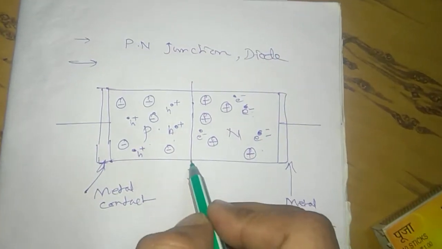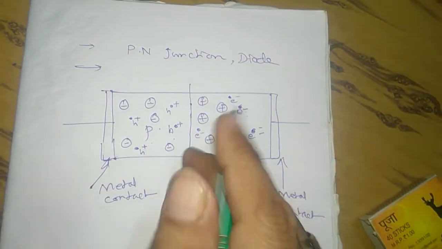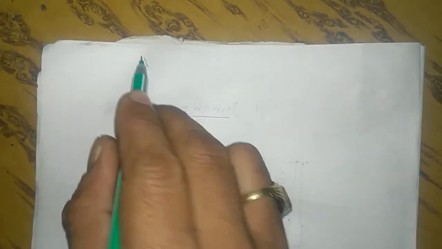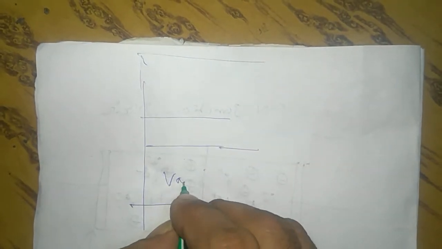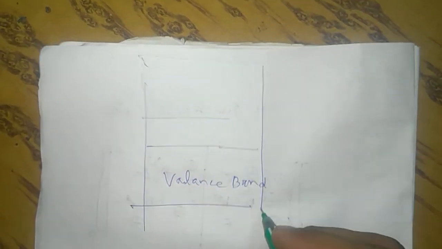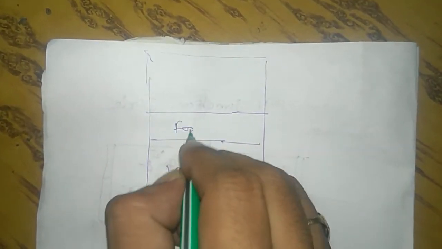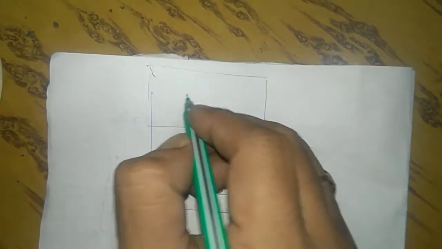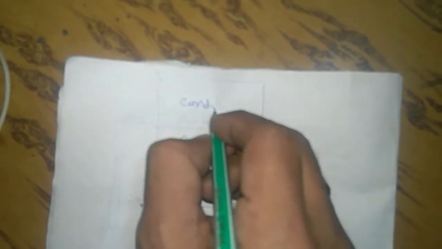So what is the barrier? We have the definition of barrier. There are three bands. This is the valence band, this is the forbidden band, and this is the conduction band.